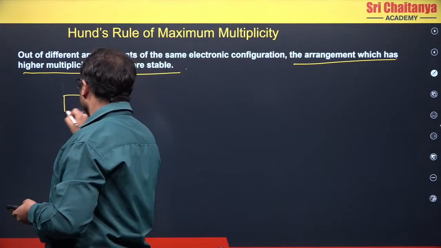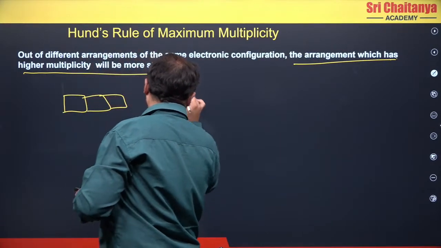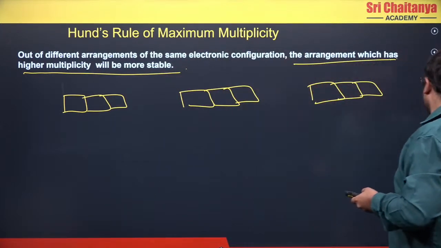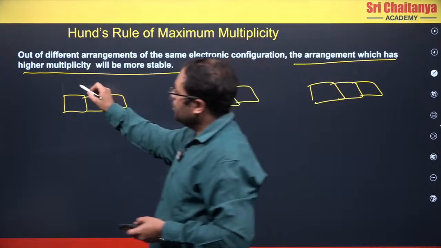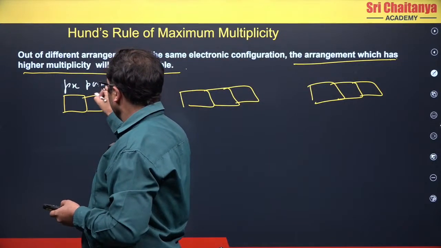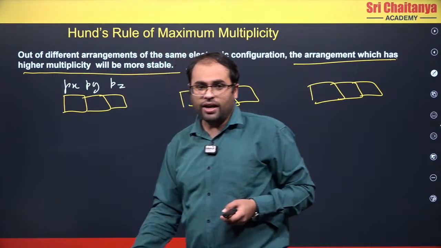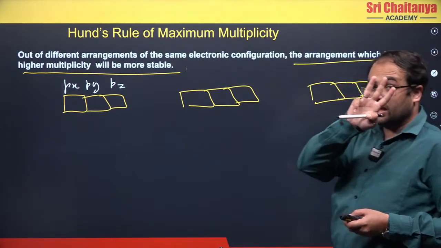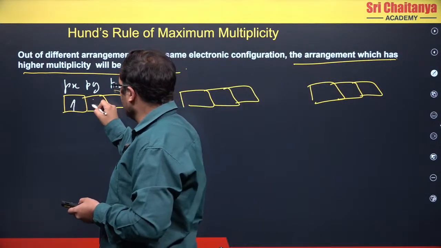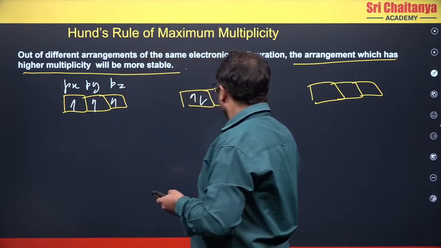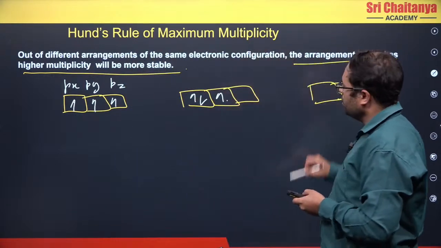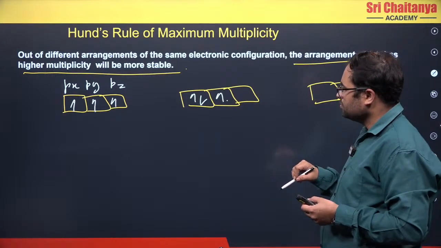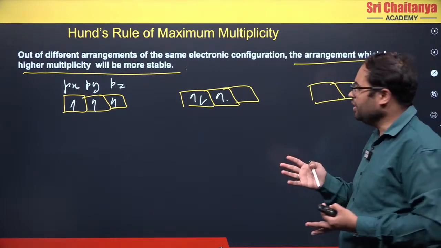Let us take, what are these? Px, Py and Pz. Now suppose I have to fill 3 electrons. I can fill the 3 electrons like this or like this. Any other way? Like this only I can fill.